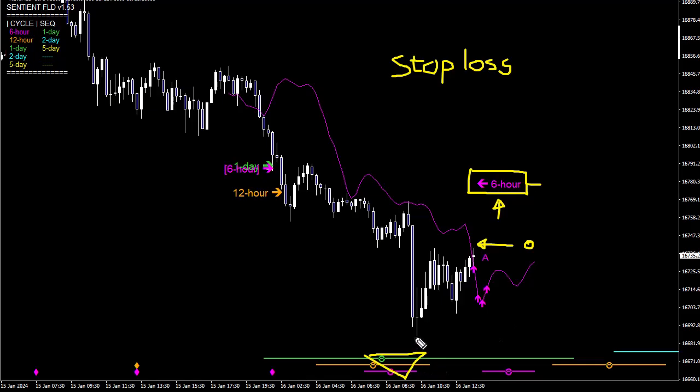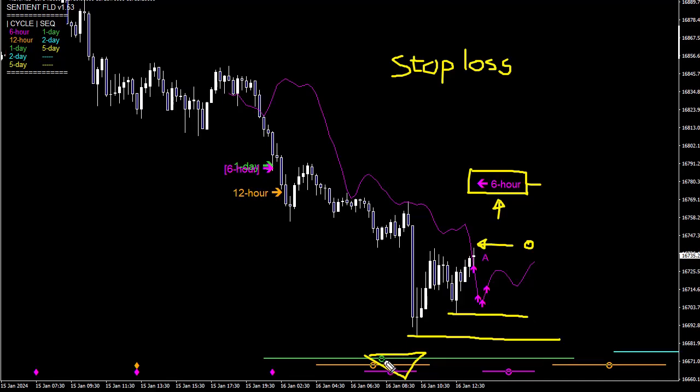So the initial stop loss, generally speaking, would be at this price low that we are assuming is our sequence cycle low. You might be feeling a bit more aggressive about this trade, in which case you could set your stop loss at this level over here. It is really very much a matter of personal preference.